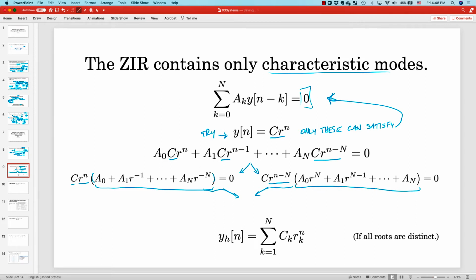In both cases, you will get N roots, which I'm going to call little r sub 1, little r sub 2, all the way up to little r sub N. And just as a heads up, these can possibly be complex, just like they could in continuous time.